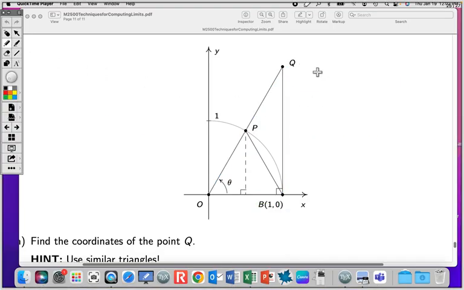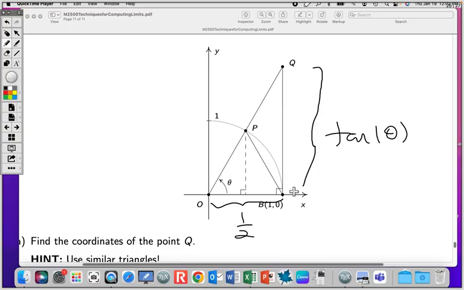So we know that this length here is tangent theta. Then using that, we can show that the area of OQB is 1/2 tangent theta. So that's tangent theta tall, and the base is 1.